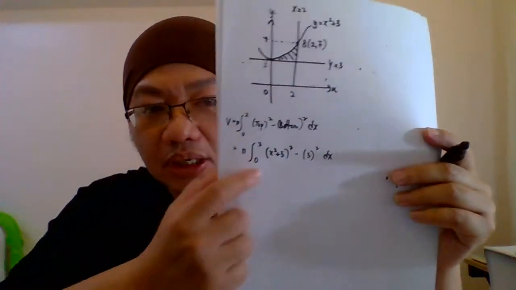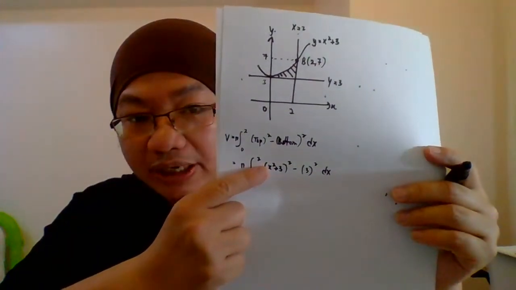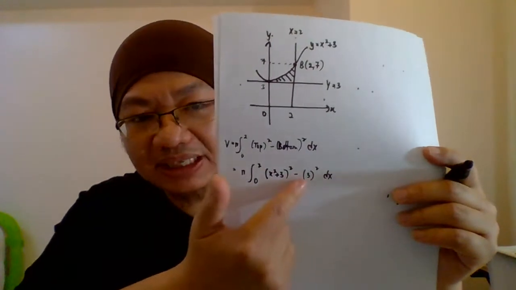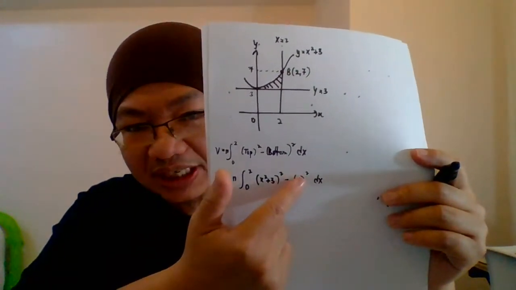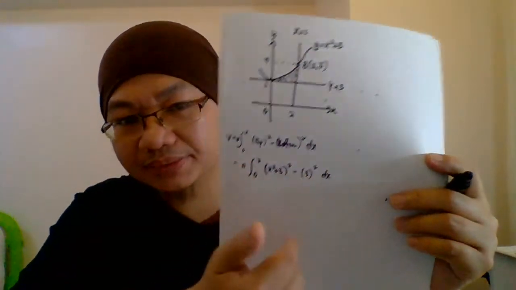Here, the top equation is the curve, minus the bottom. The bottom is y equals 3, so just put 3 here, squared. So simplify this. Before we start integrating, you need to expand first. You're supposed to get x power 4 plus 6x squared plus 9 minus 9 dx.